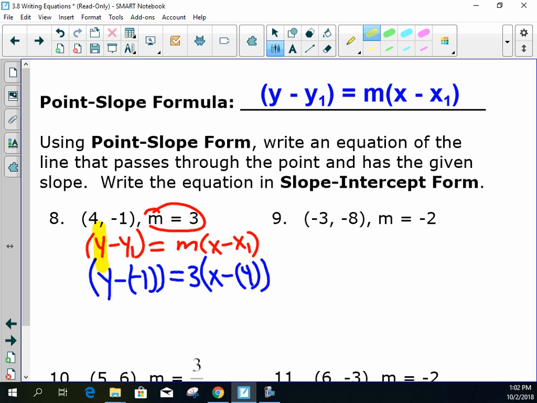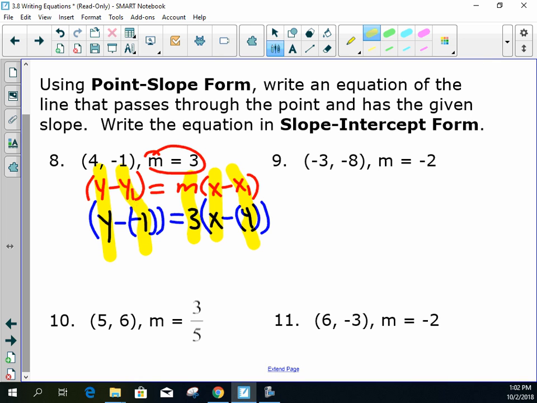So there's my y, there's my y1, there's my m, there's my x, there's my x1. So now I'm going to go ahead and simplify this. Y minus minus 1, how do I write that? That's really y plus 1 equals 3 times x is 3x. 3 times negative 4 is.